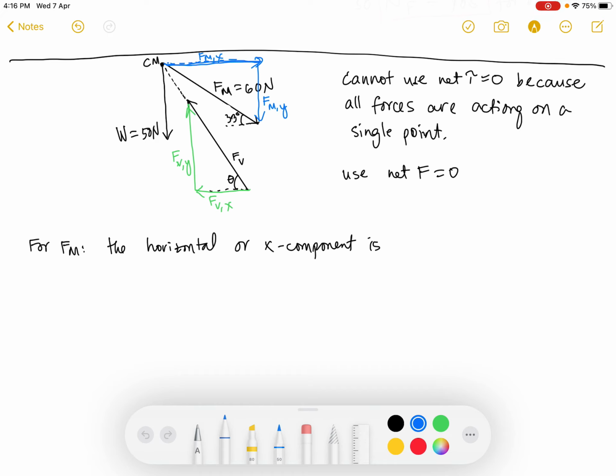If this is 33 degrees, then that's also the same 33 degrees, and we can see that the x component of Fm will use the cosine theta function. So the x component, Fmx, will be Fm cosine theta.